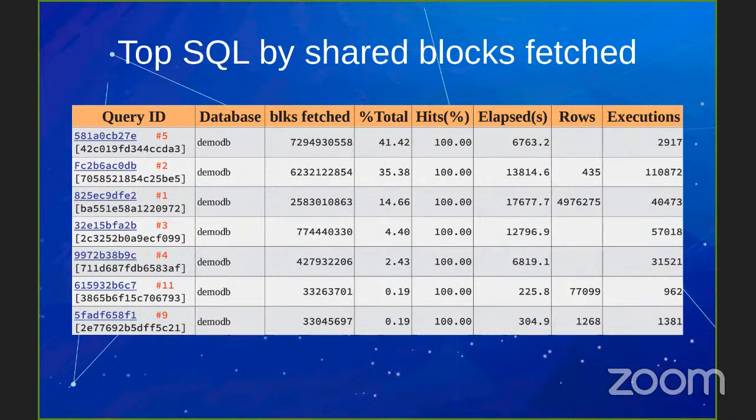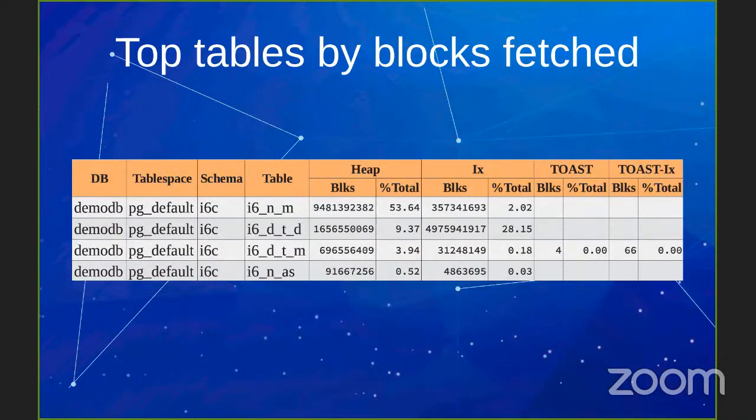And what can we say about relations affected by our issue? Let's see tables by blocks fetched. Almost 55% of the cluster block fetches were done from one table named I6NM. Summarizing block fetches for the 2 leading tables and their indexes, we get an impressive 93% of the cluster block fetches.